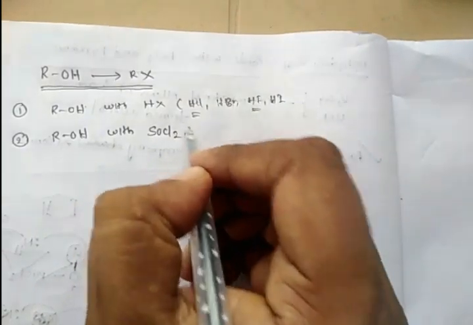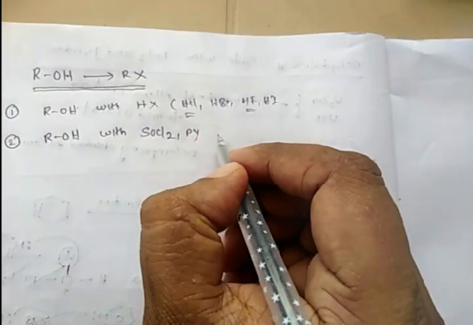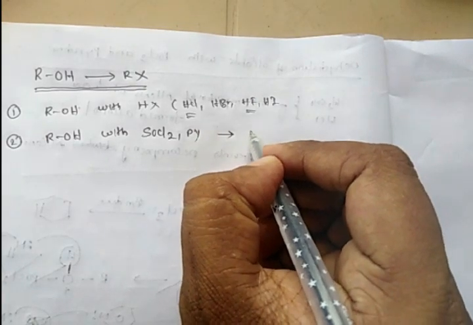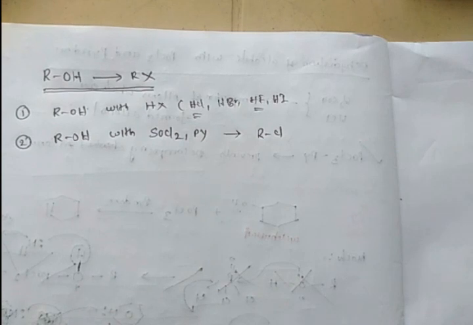The second possible way is treatment of alcohols with a reagent, thionyl chloride, in the presence of pyridine. When you treat these alcohols with thionyl chloride in the presence of pyridine, we generally obtain alkyl chlorides.